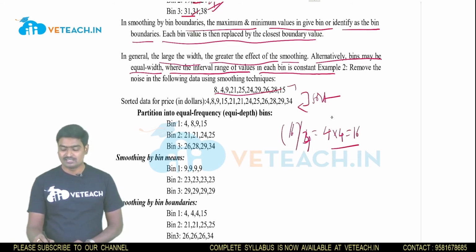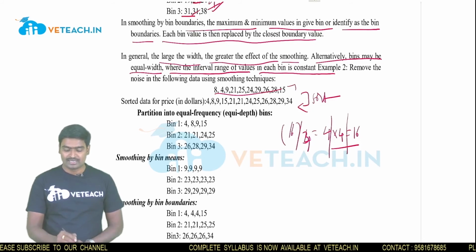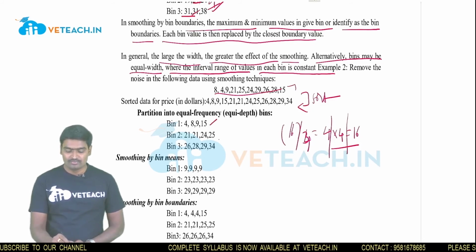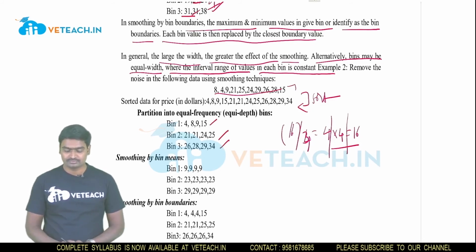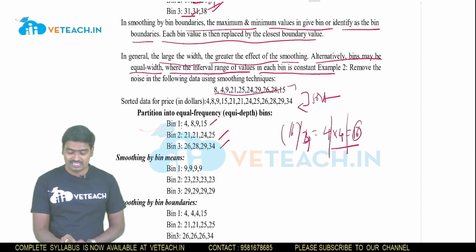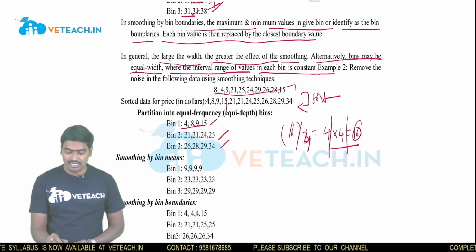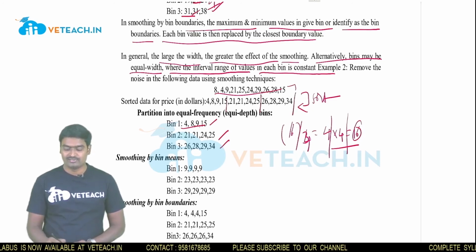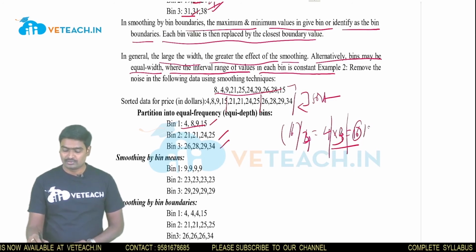These are divided into 3 parts, that is 4 plus 4 plus 4. Here we find only 12 elements: 4 and 4, 8, 8 plus 4, 12. 4 into 3, 12 elements are here.